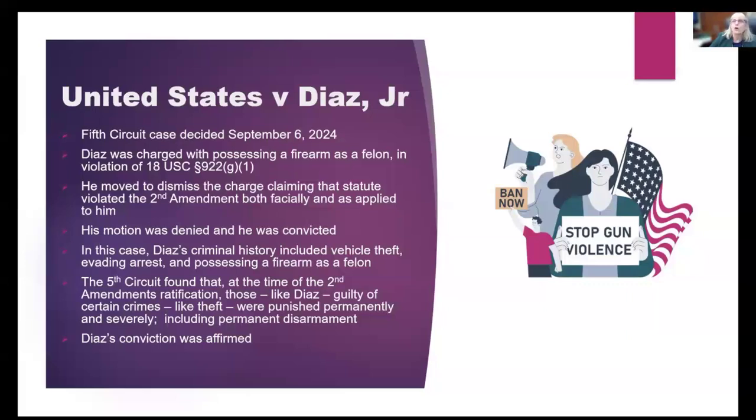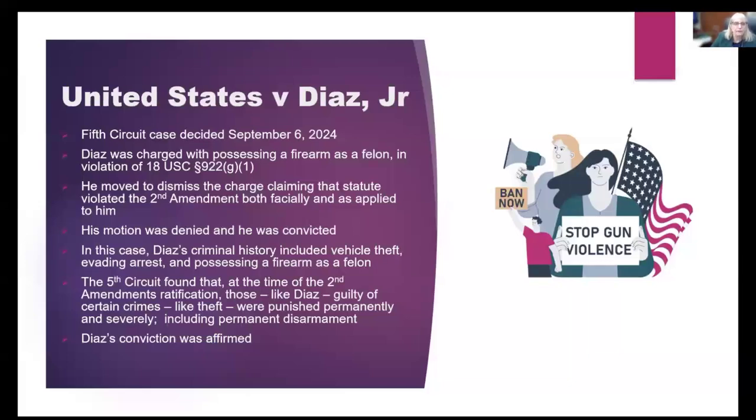What was going on when the Second Amendment was originally passed? At least one of the predicate crimes that he was convicted under, and where his gun was taken away in the federal 922, relied on theft. Back when the Second Amendment was passed, that was a felony and would have led to capital punishment or estate forfeiture.